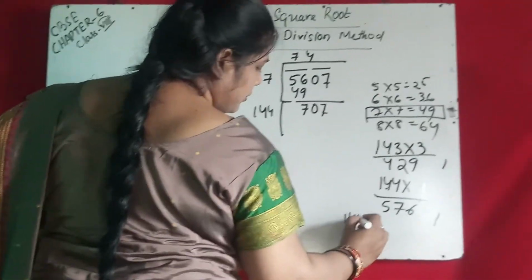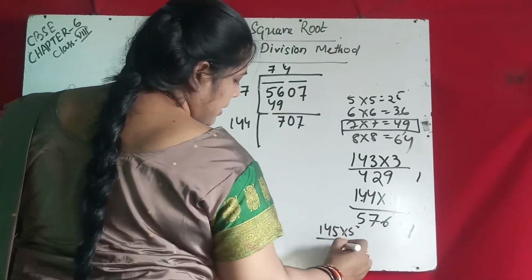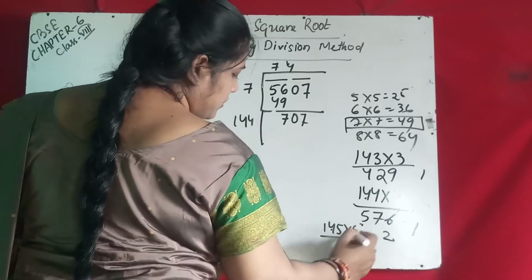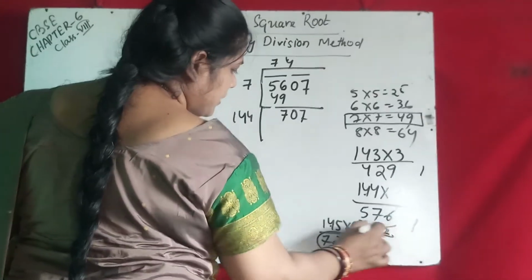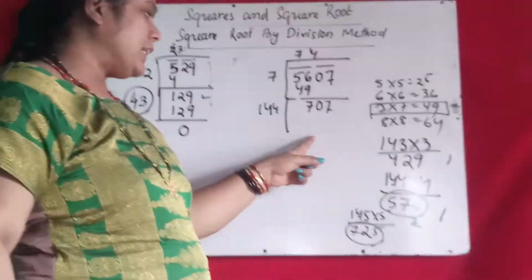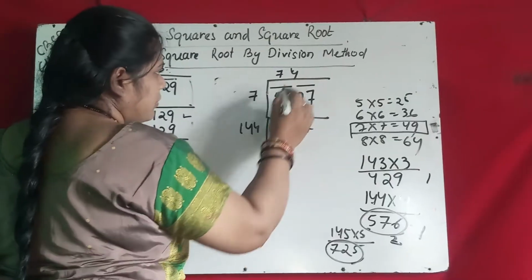Suppose 145 times 5: 5 times 5 is 25, 5 times 4 is 20, plus 2 is 22, 5 times 1 is 5, plus 2 is 7, giving 725. Here 725 and 576 are compared. Which is less than 707? So we take 144, putting 4 here and 4 here.